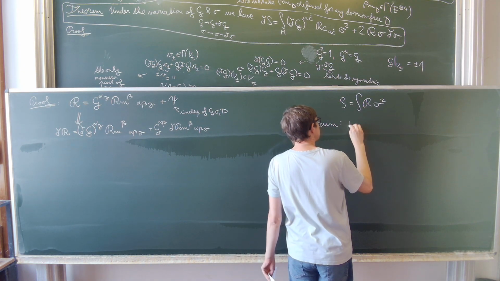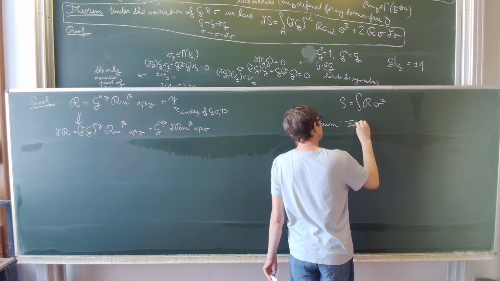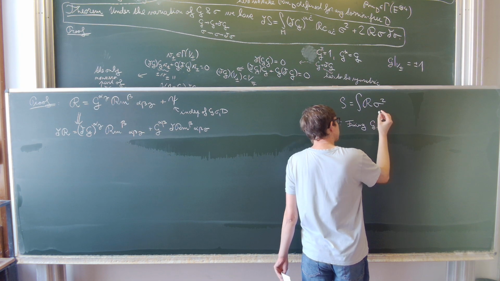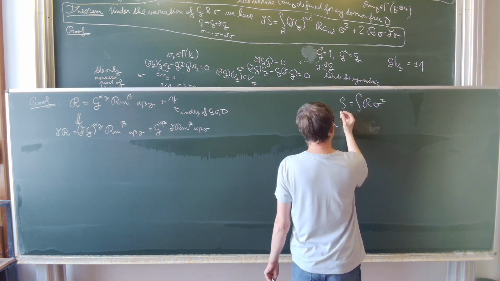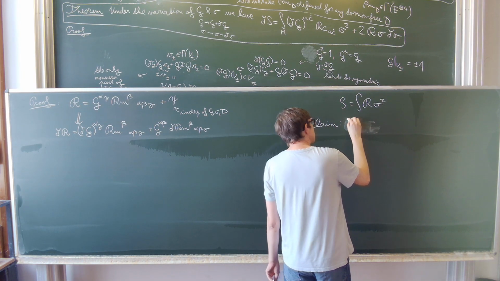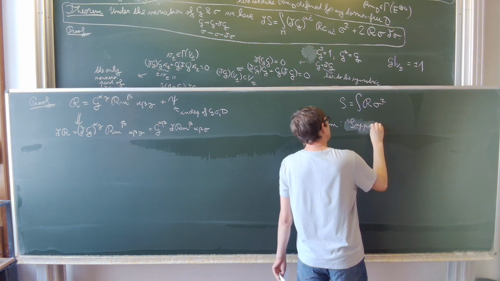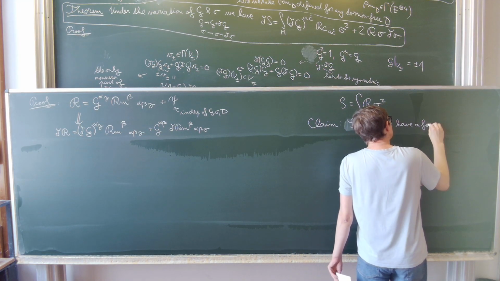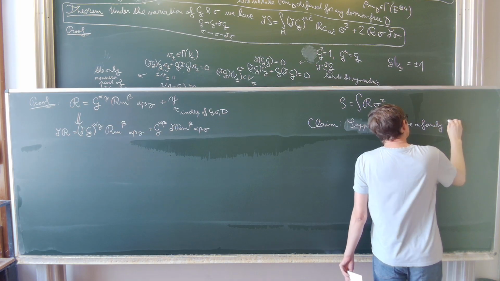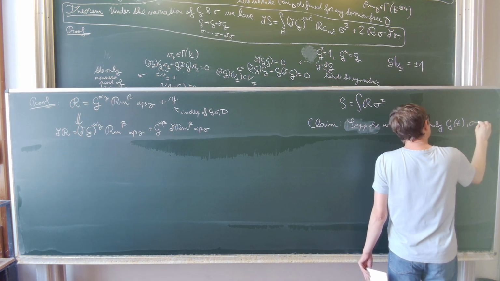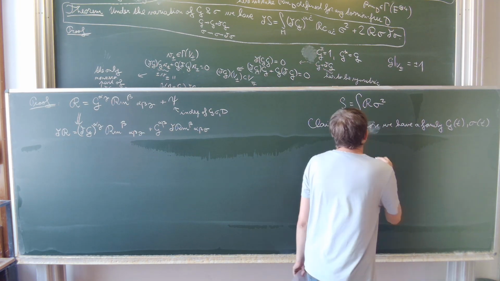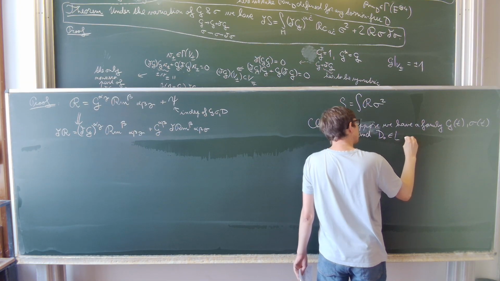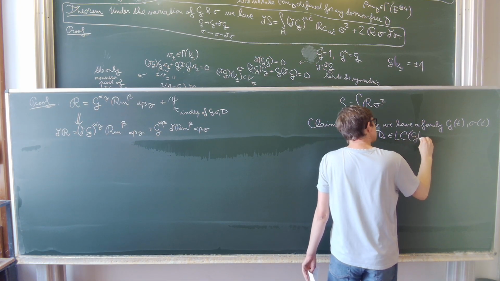So fixing G and sigma, suppose we have a family of such things, and we have one Levi-Civita connection at the beginning, for time zero.